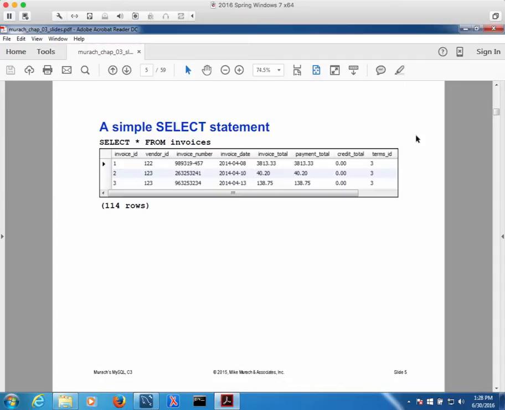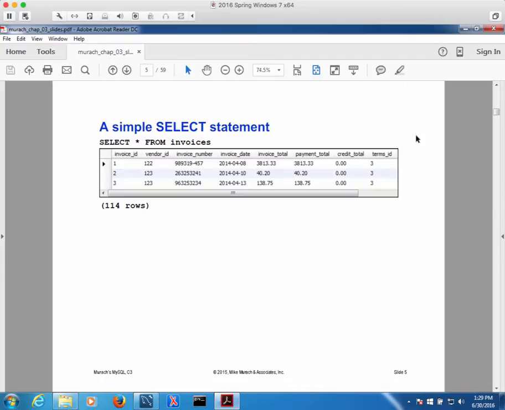And what we're seeing here is just a little bit of the result set that you would see appearing in your MySQL Workbench. You'll notice that there's a little comment under the bottom left, 114 rows. So even though we're only looking at 3 rows, 114 were generated.